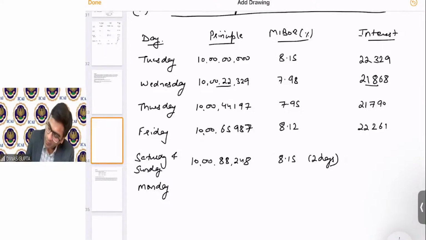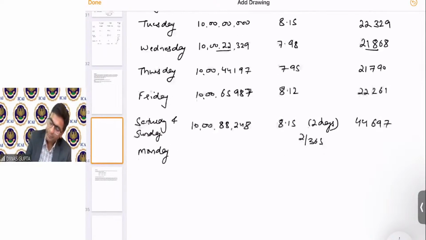Okay. So essentially we will do 2 by 365. In all the above calculations, we were doing for one day, 1 by 365. Here we will do for 2 by 365. So it becomes 44,697.